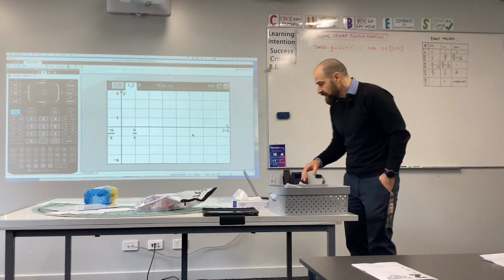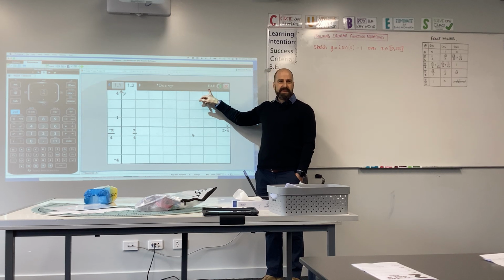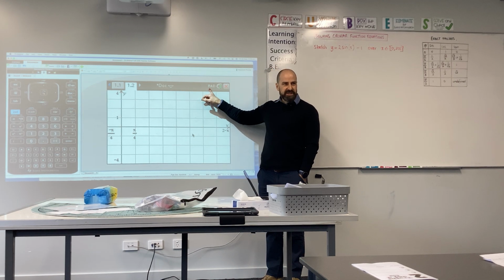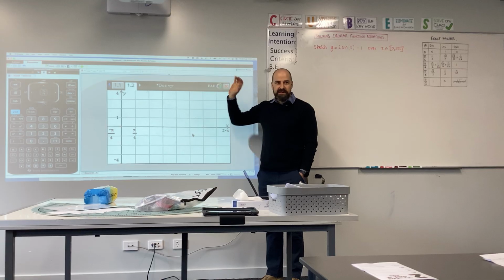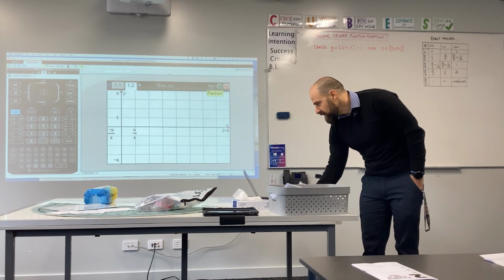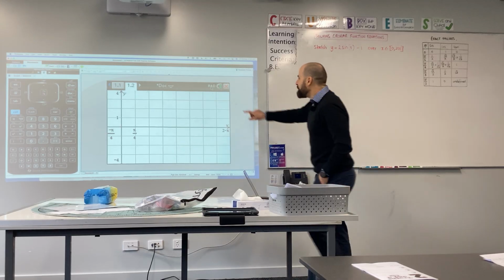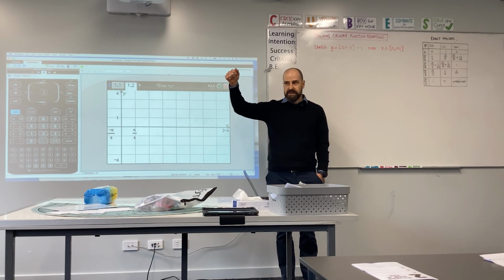All right? Second tip. Year 11 maths methods, our circular functions, we are mostly, not always, but mostly going to be working in radians. You need to be able to change your settings between degrees and radians. There are several ways you can do that. One, if you've got a newer calculator, you can actually just go up to that and click on it, and it will toggle between the different modes.